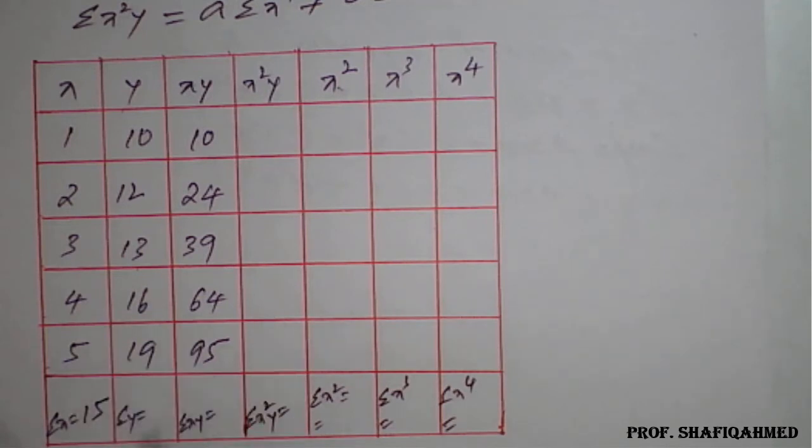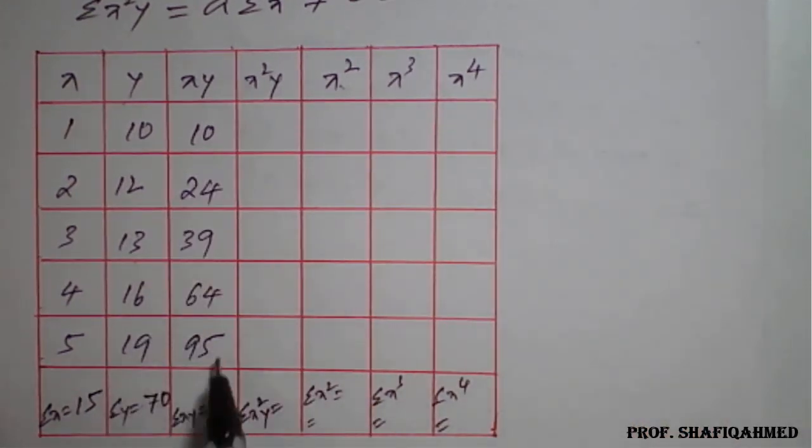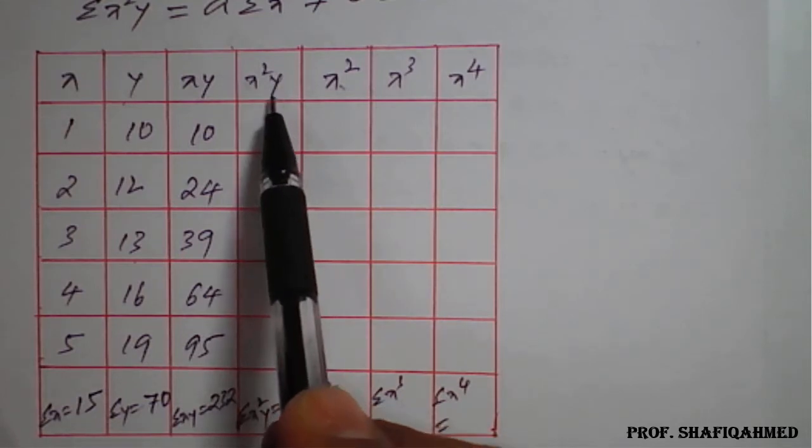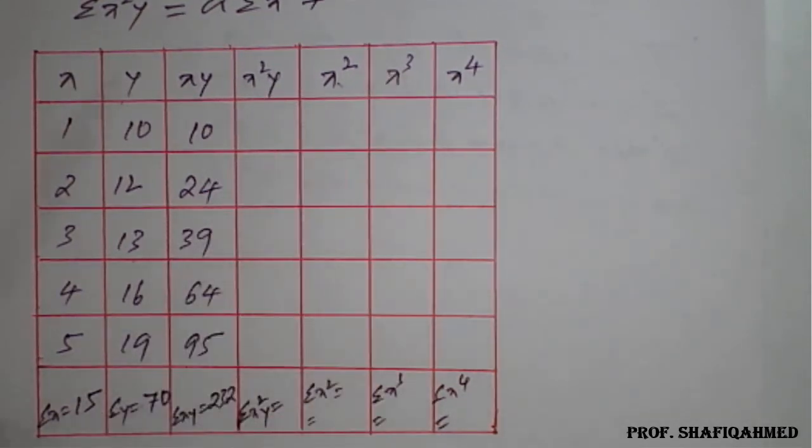If you add all y, you will get 70. If you add the values of xy that we have multiplied, it will become 232. Then you have to add for x square y.